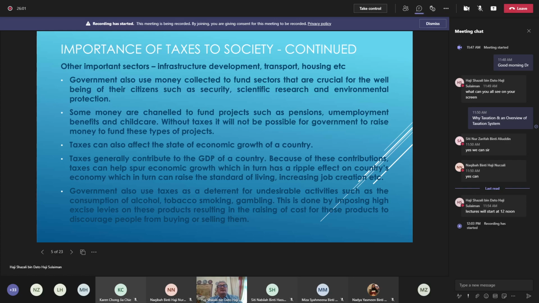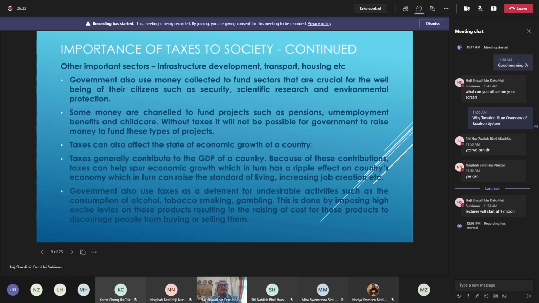Because of these contributions, taxes can help spur economic growth, which in turn can raise the standard of living, increasing job creations, and so on. So if you can increase jobs or the company can increase its wealth, then individuals who are employed also have a lot of benefit, higher income, higher spending, which is an economic booster within the economy.